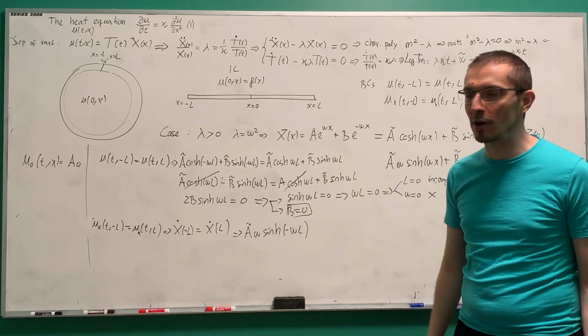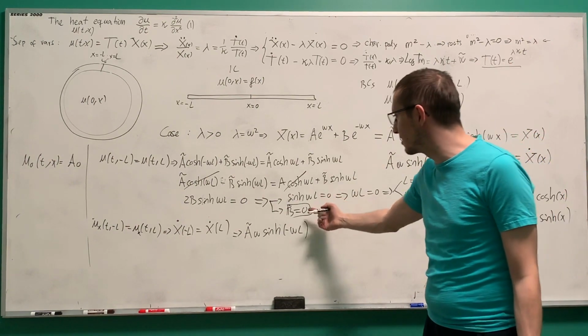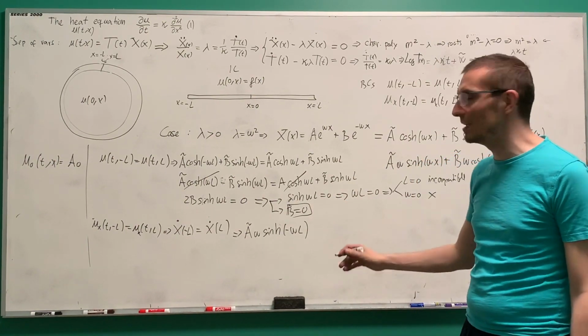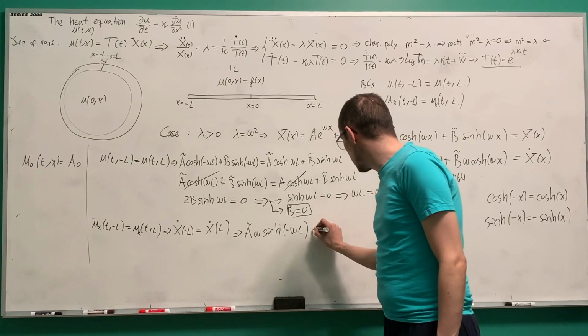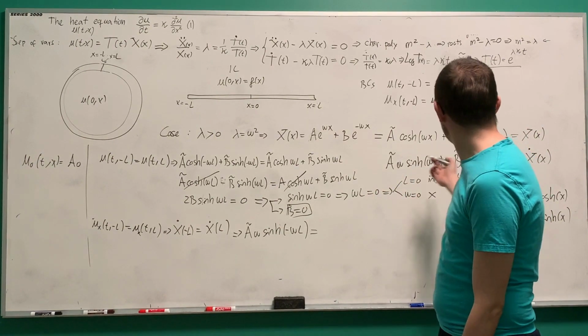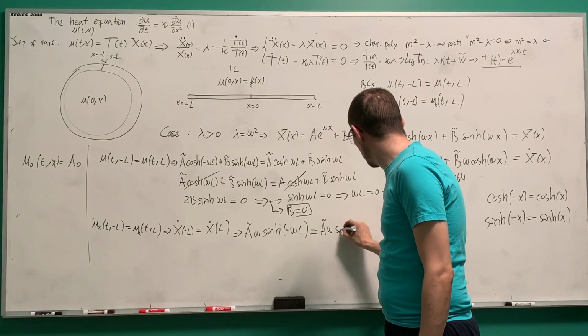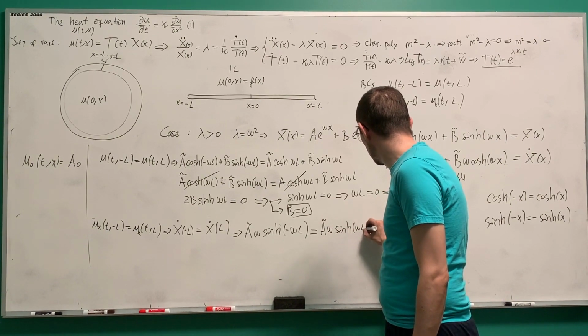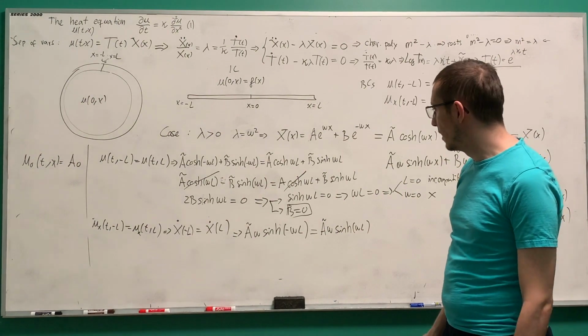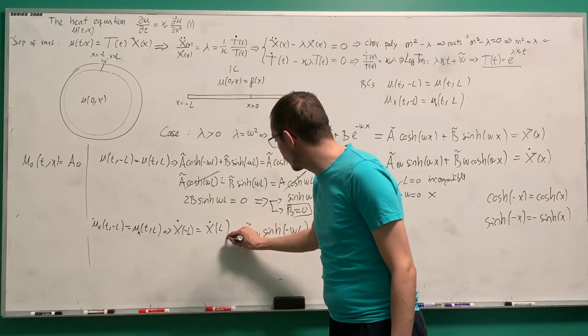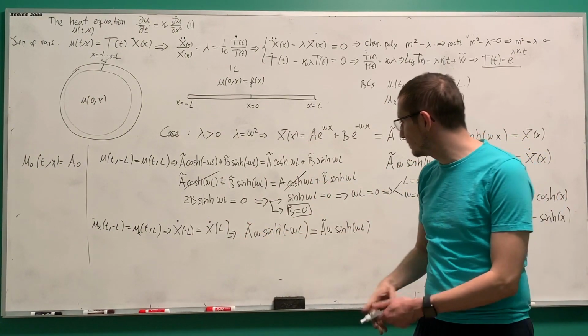So to save a little bit of writing, I'm just going to impose that b is 0 because that's the only compatible solution for b that we have. So this has to be equal then, if there's no b, to a omega sinh of omega L. Same as before, the sinh is an odd function, so I can do the following.